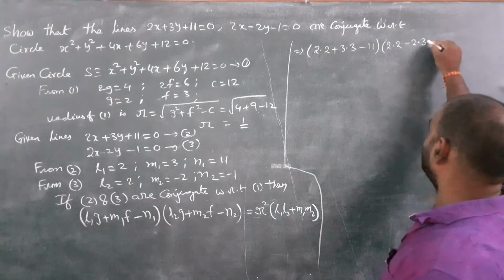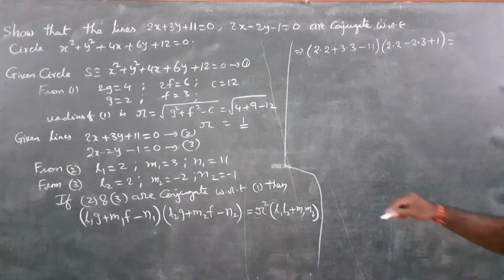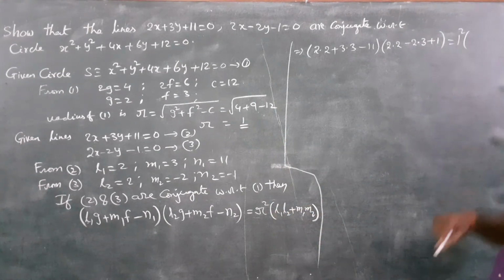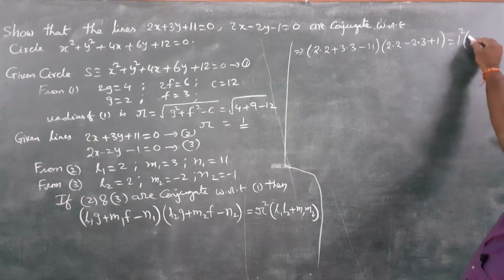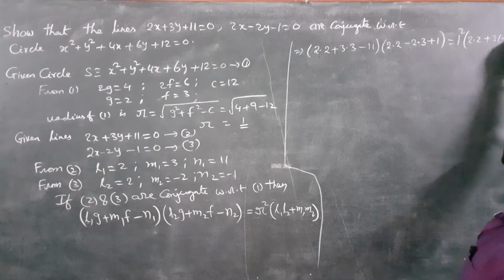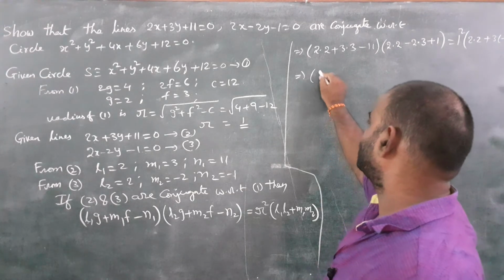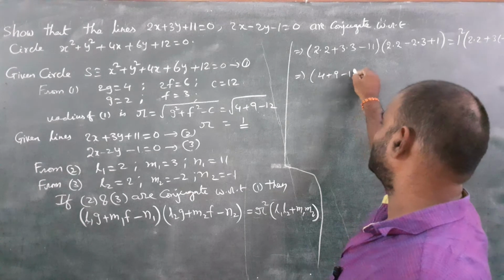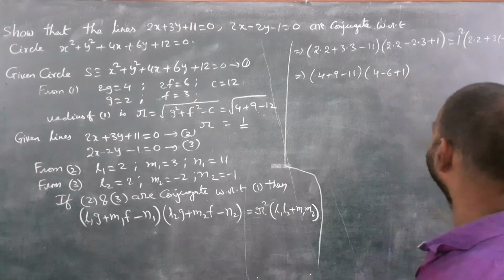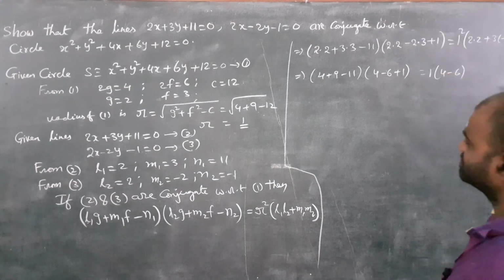So minus of minus 1 becomes plus 1, equal to R². R is 1, so R² is 1², into L1L2, so 2 into 2, plus M1M2, 3 into -3. So you have (4 + 9 - 11)(4 - 9 + 1) = 1 × (4 - 9).